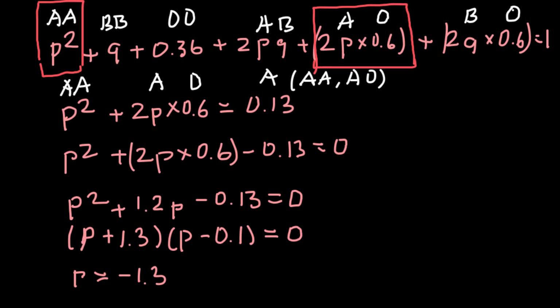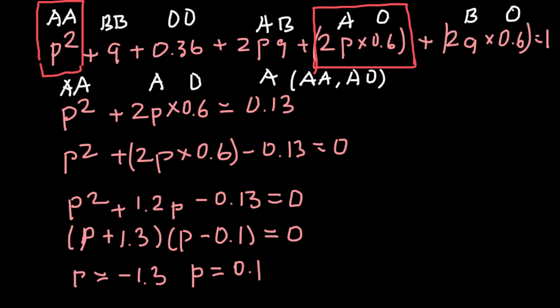Or in this parenthesis, if p would equal 0.1, then the whole expression would equal 0, because anything multiplied by 0 would equal 0. So we have two answers, which answer to choose.